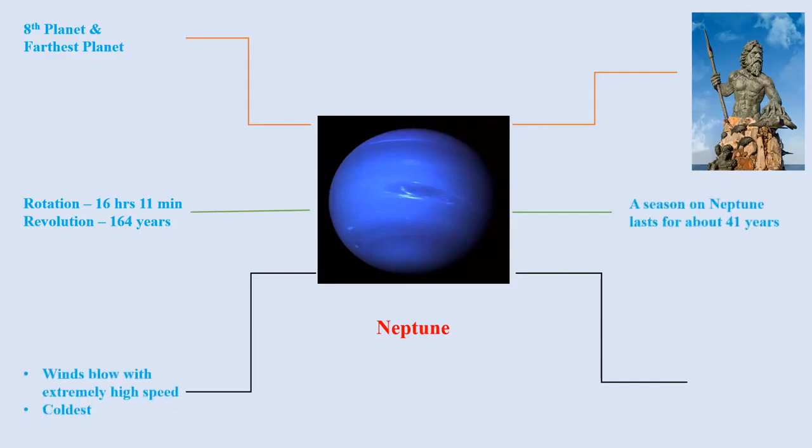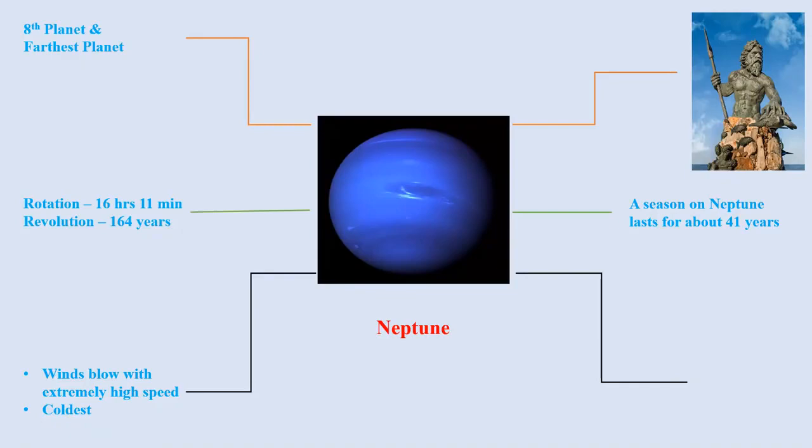Students, on this planet, winds blow with extremely high speed. Because of its distance from the sun, Neptune is one of the coldest planets in the solar system.